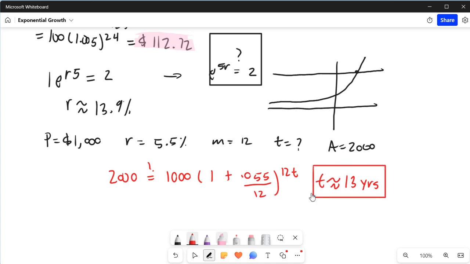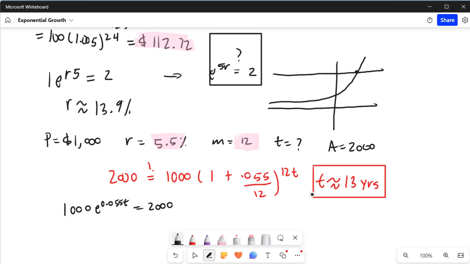And that's due to the fact that it's compounded on a monthly basis. Truth be told, you could probably say, well, what if it was continuously compounded and you had e to the 0.055t equal to 2000.